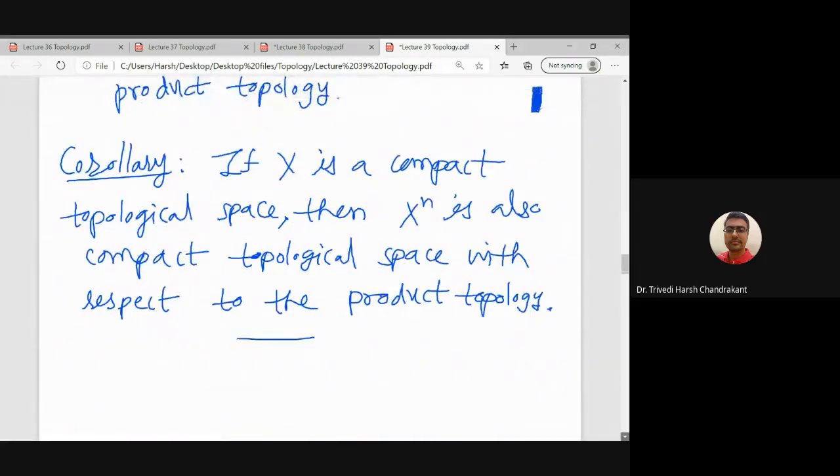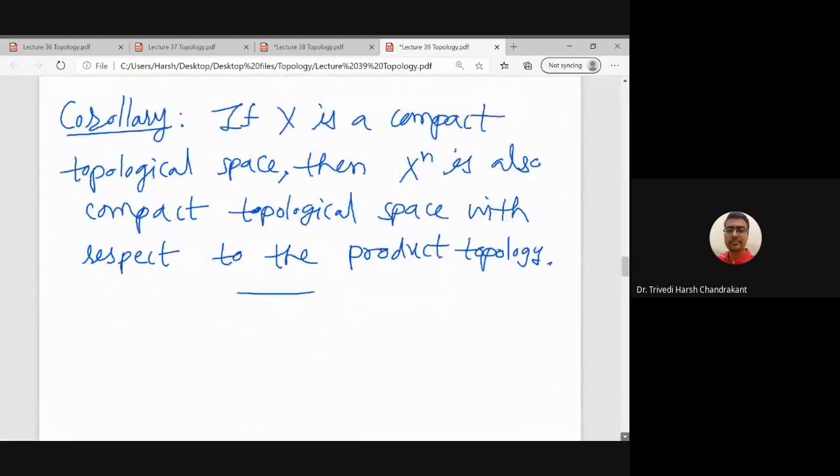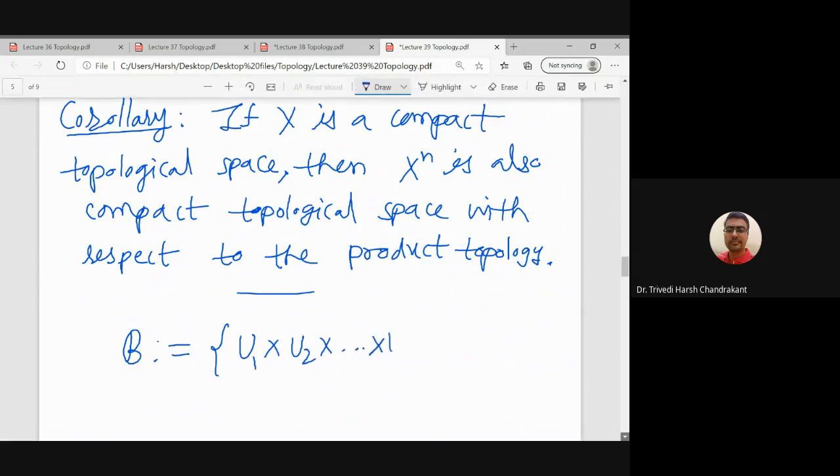So what do we mean by X n times as product topology? The product topology we have discussed, which has a basis where U cross V is open when U is open in X and V is open in Y. So now here I have the Cartesian product n times, right? That means I have the set U1 cross U2 cross and so on, n times.